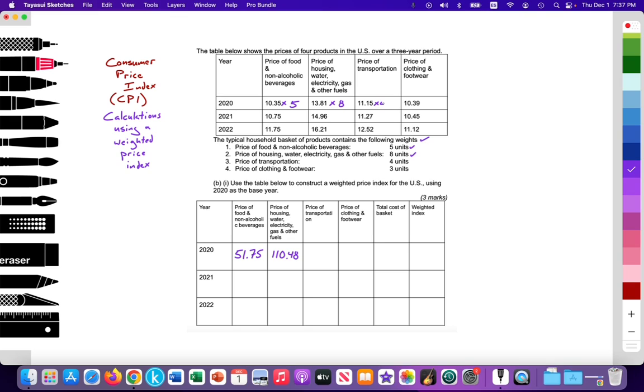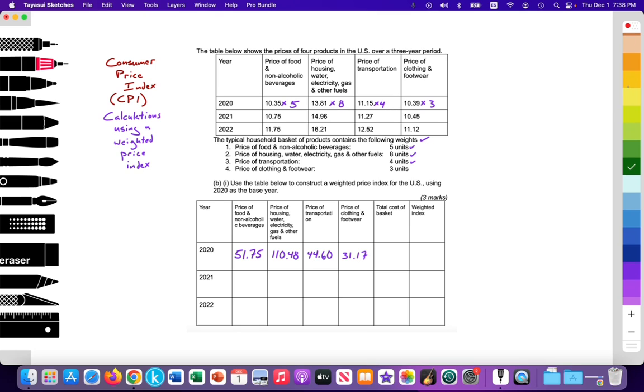So 11.15 multiplied by 4 works out to $44.60. And then we have 10.39 multiplied by the weight, or unit, of 3. 10.39 multiplied by 3 works out to $31.17. Great. So 51.75, 110.48, 44.60, 31.17.